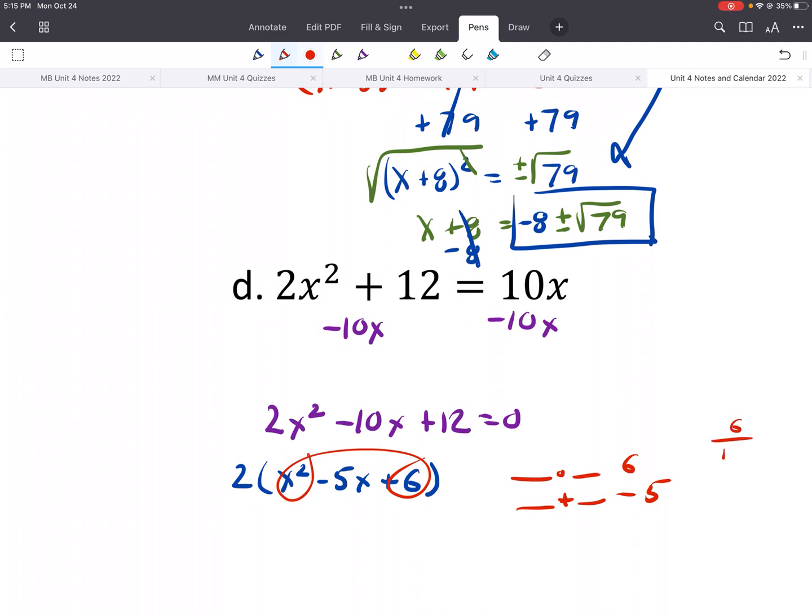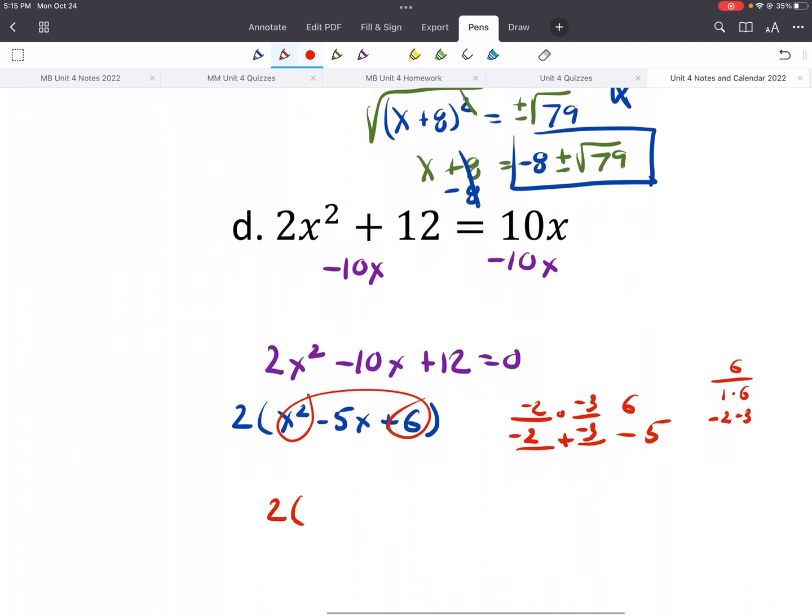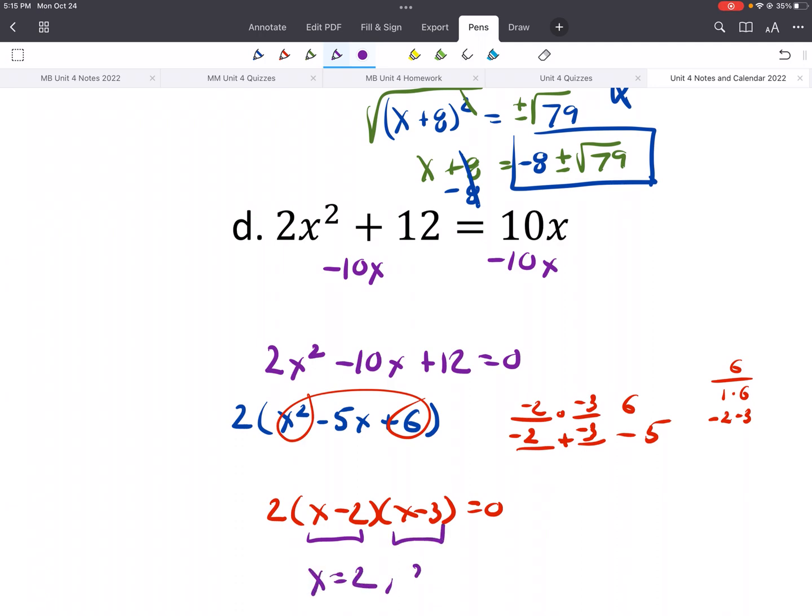So for 6, we could do 1 and 6 or 2 and 3. So both of those can give you 5. We just need to look at the signs. So I think we'd have to do -2 and -3, because when you multiply them, they have to give us a positive. Okay, and again, we can use the shortcut. So 2(x minus 2)(x minus 3). Find our solutions. So what makes that be 0 is if x equals 2, or what makes that be 0, x would have to be 3.